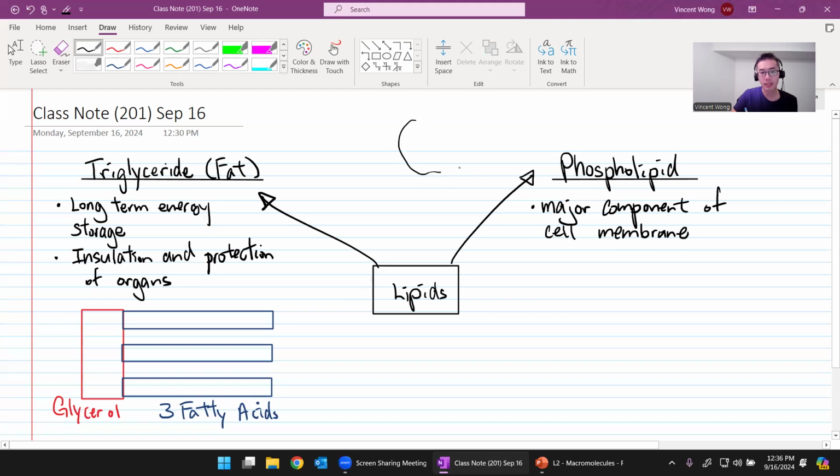We know what a cell is. It's the basic unit of life. And the cell looks like this, and the outer edge of a cell, that would be the cell membrane, and that is made up of phospholipids.